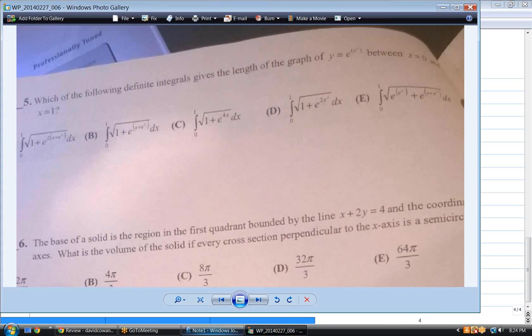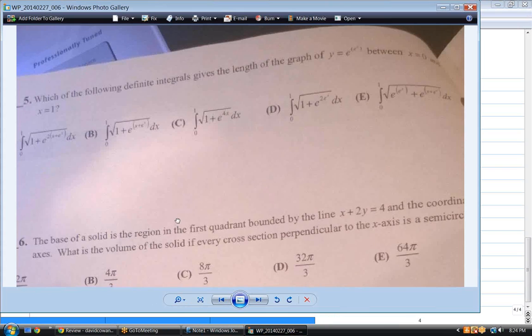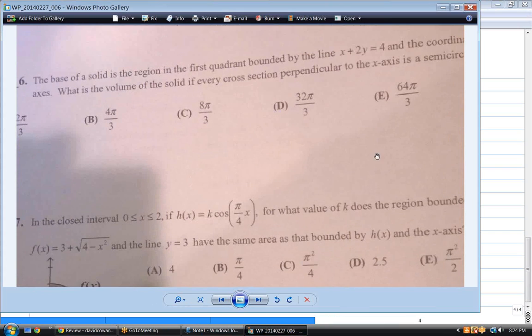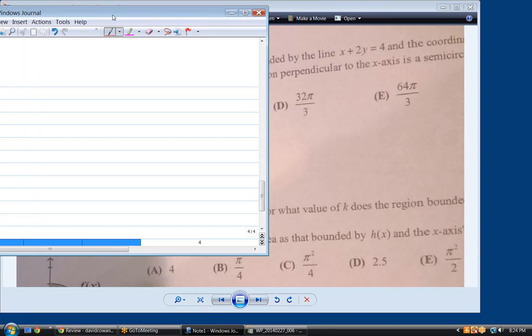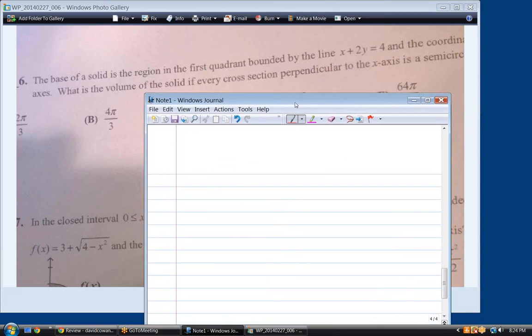Okay, let's see. Number 6. Base of a solid is the line x plus 2y equals 4.